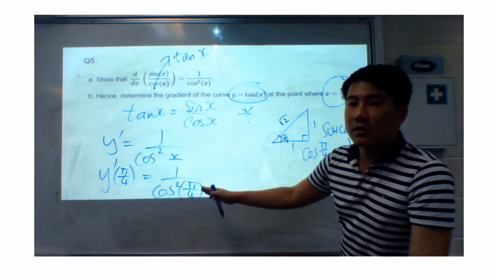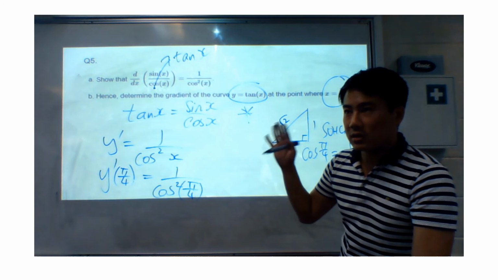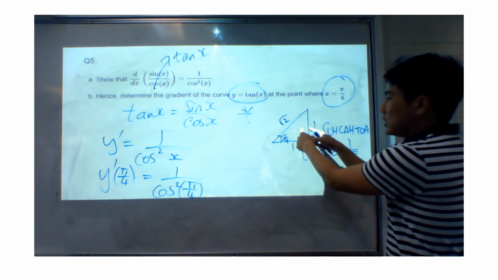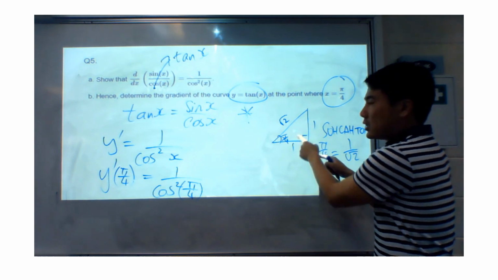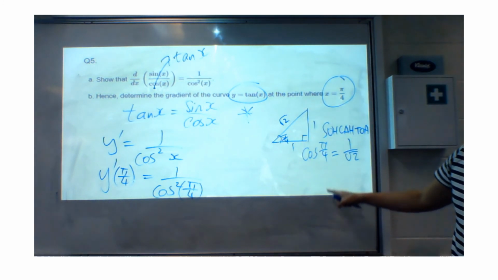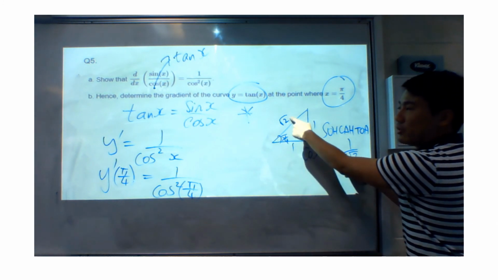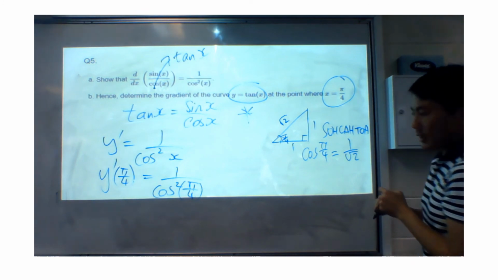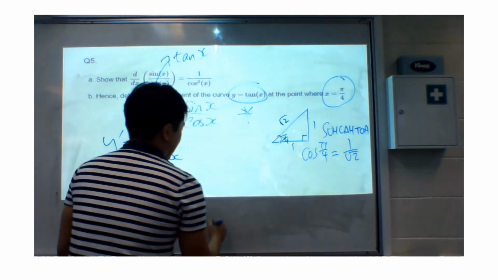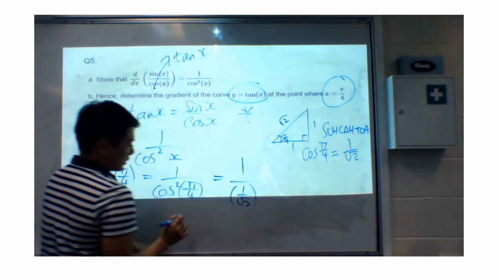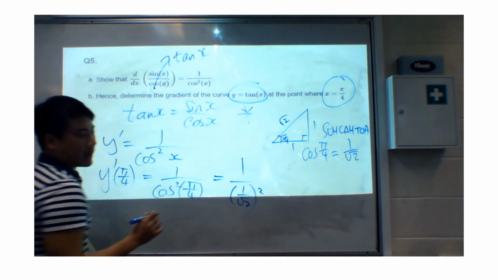But hopefully by now you would have done these questions so many times that you don't need to do that. But if you have to, just quickly draw yourself a triangle and work it out. So cos pi over 4 is adjacent over hypotenuse, 1 over root 2. Okay? So that becomes 1 over root 2, but don't forget we're squaring it.